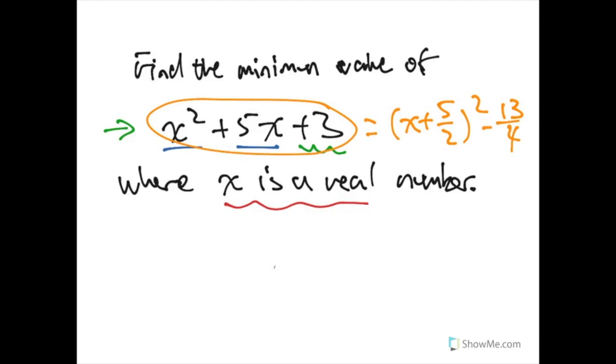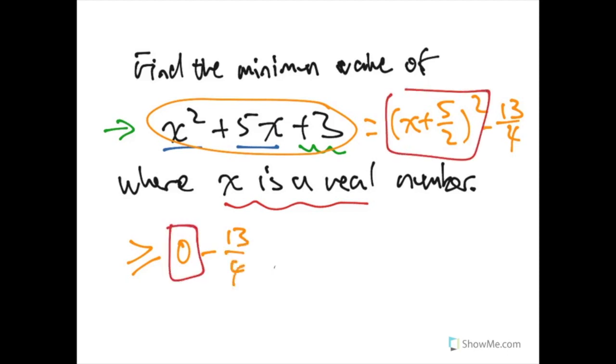So we have that x squared plus 5x plus 3, which is equal to x plus 5 over 2 all squared minus 13 over 4, is greater than or equal to 0 minus 13 over 4, because the square is greater than or equal to 0. And this is equal to negative 13 over 4. Alright, so now we have an inequality, and this is what we want. We've shown that x squared plus 5x plus 3 is greater than or equal to negative 13 over 4.